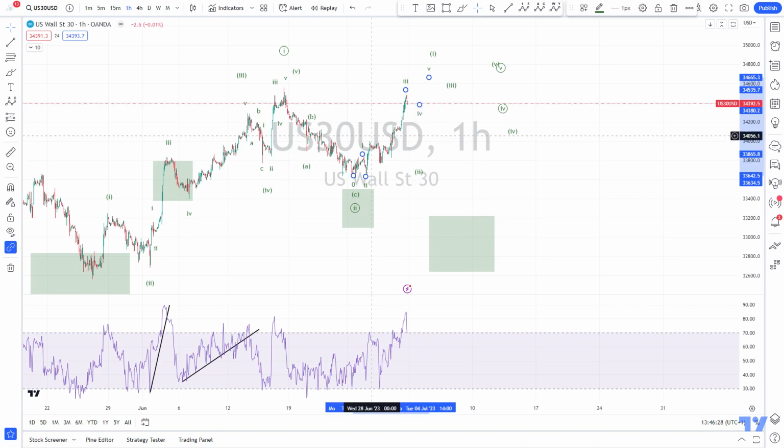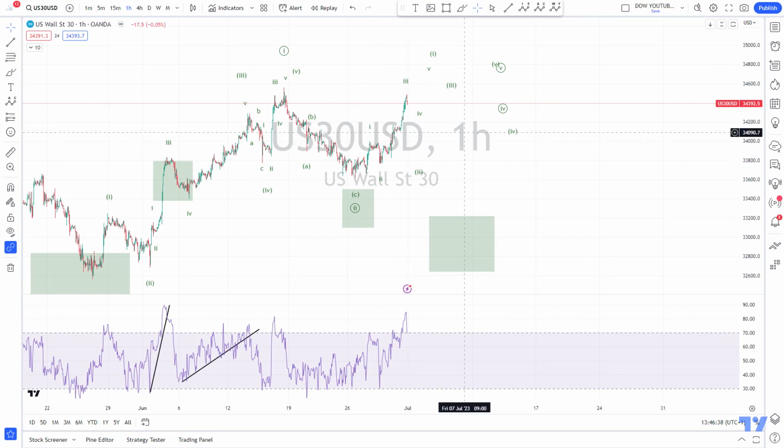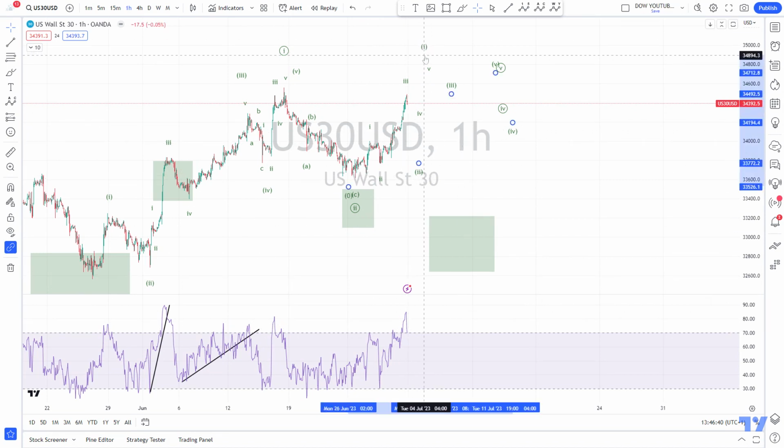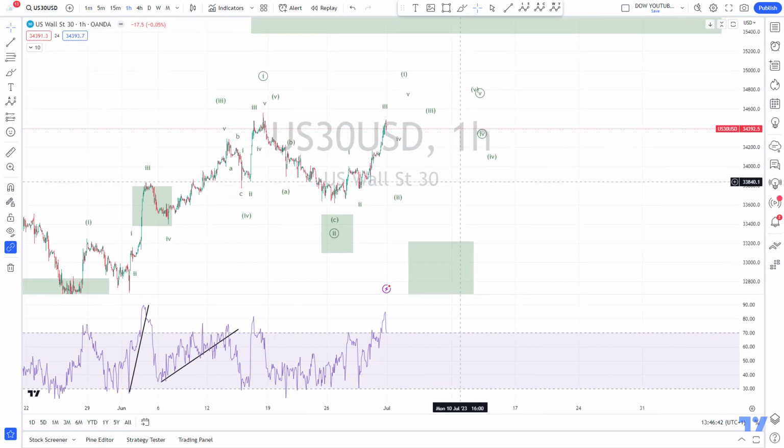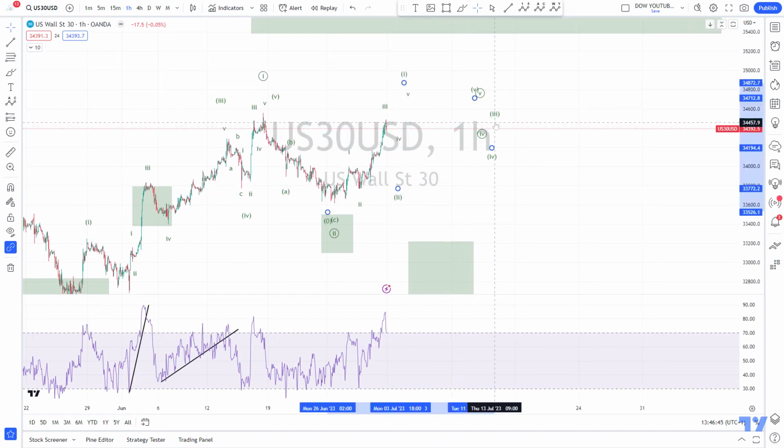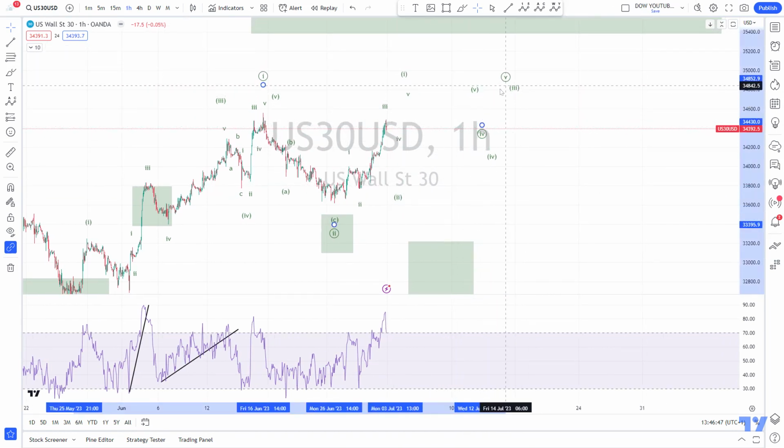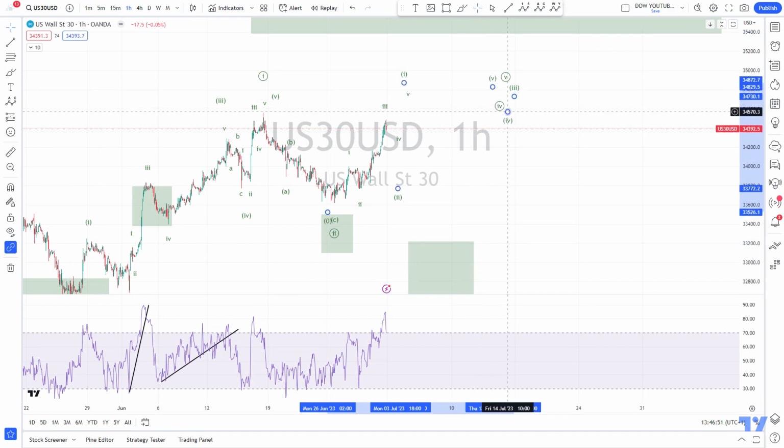We are doing a wave 1, and so let me check. Yeah, I believe we are now doing something like this. So please do not consider these labels for now.